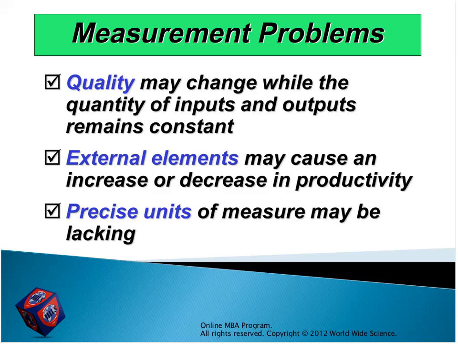And precise units of measure may be lacking. For example, when you want to calculate weight, you have a scale, and you can give a kilogram or gram to your weight. When you want to calculate the height or width, you can use the meter or centimeter, for example for a table.